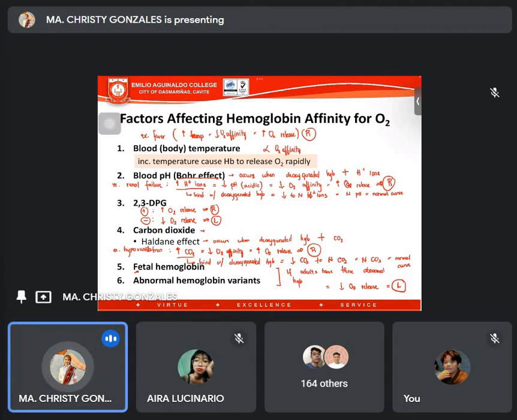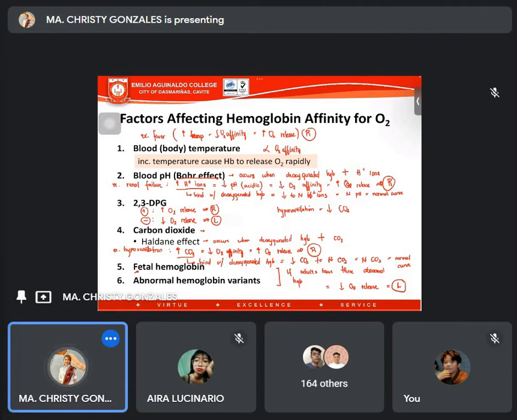Another example. Baliktarin naman natin. Hyperventilation. Ano naman ang nawawala sa atin pag nag-hyperventilate tayo? Carbon dioxide. Right? Bumababa yung carbon dioxide natin kasi nag-hyperventilate tayo.